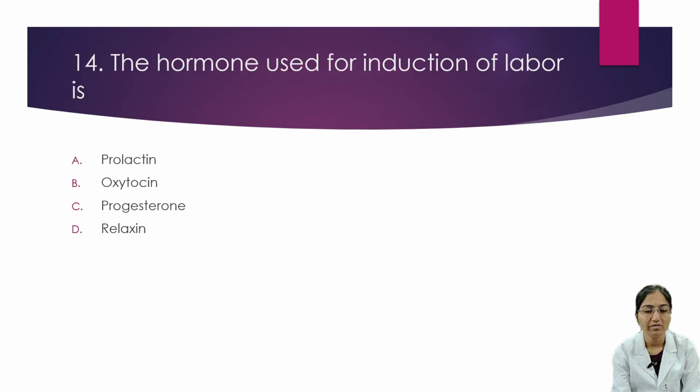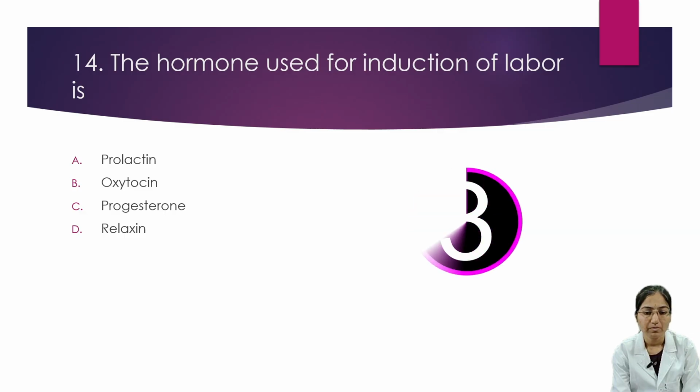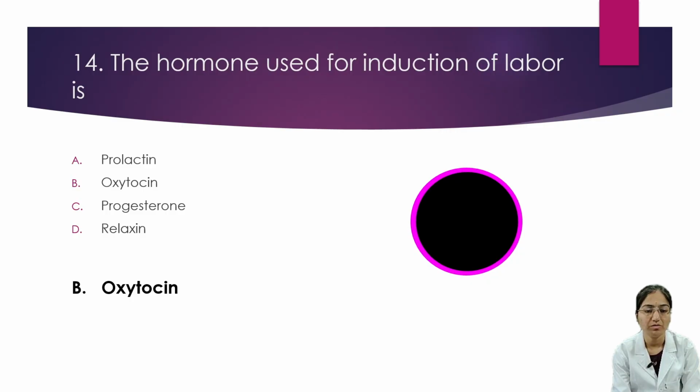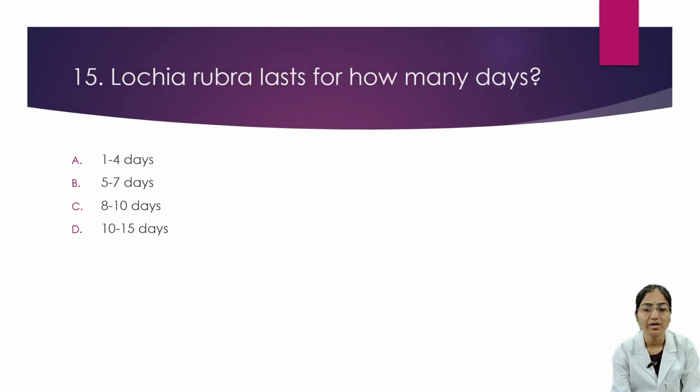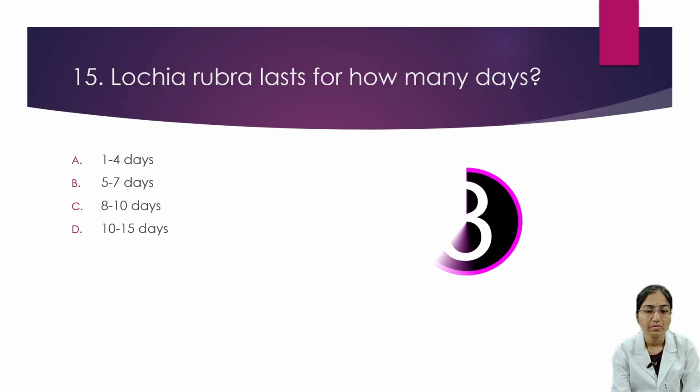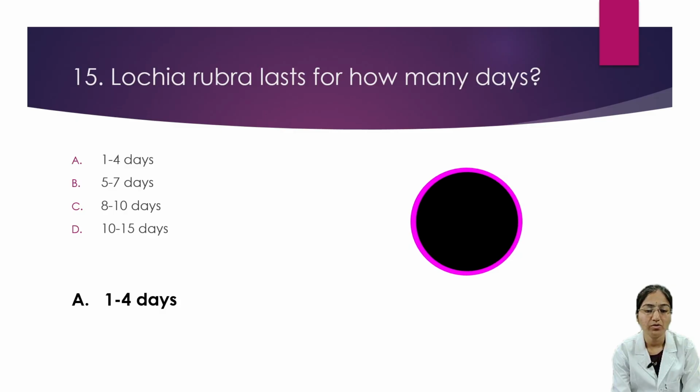6 weeks after delivery. The hormone used for induction of labor is oxytocin. Lochia rubra lasts for how many days? 1 to 4 days.